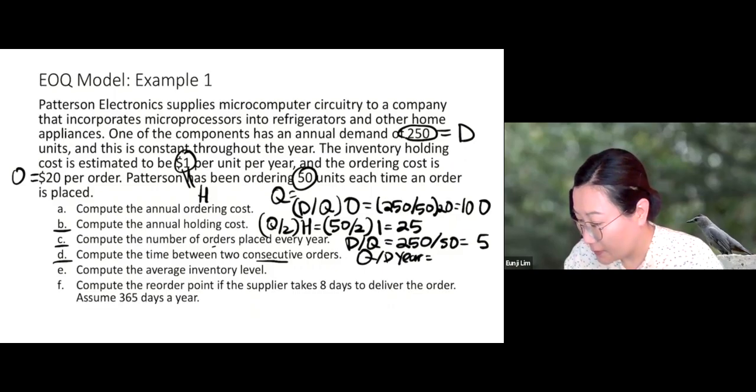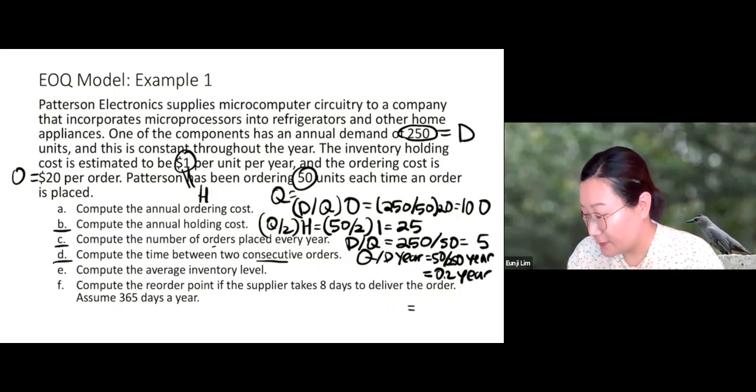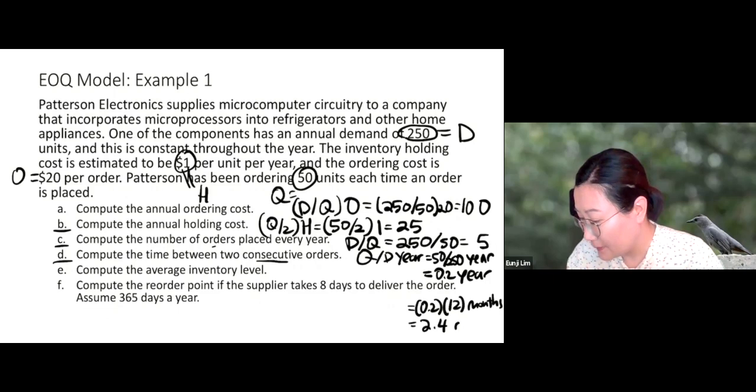So Q is 50, D is 250 per year. So that's going to be 0.2 year. Or if you want to convert this into months, you can multiply by 12 months. So that's going to be 2.4 months.